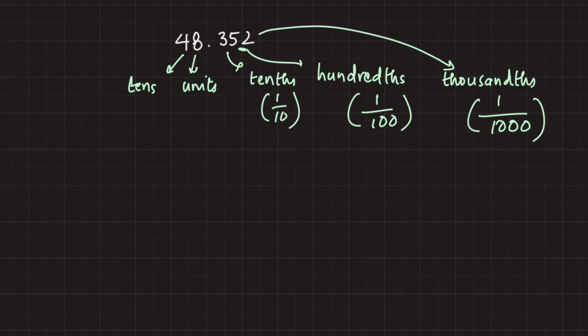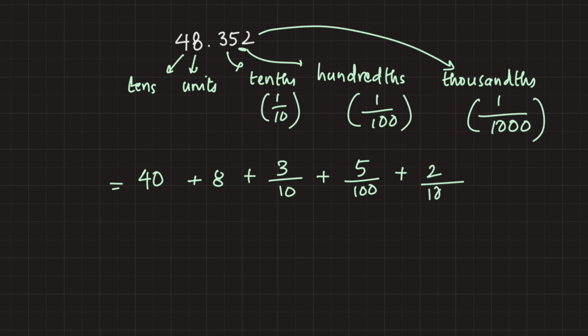So we can break down 48.352 as 40 plus 8 plus 3 upon 10 plus 5 upon 100 plus 2 upon 1000. So how did we get 40?